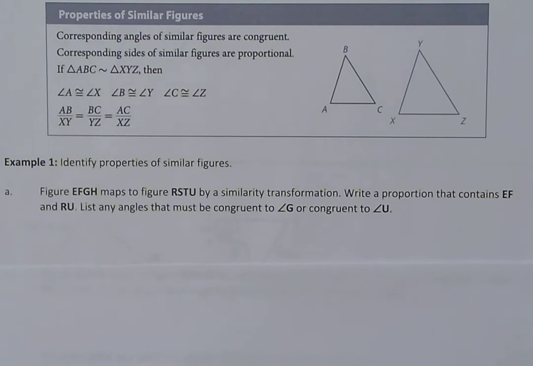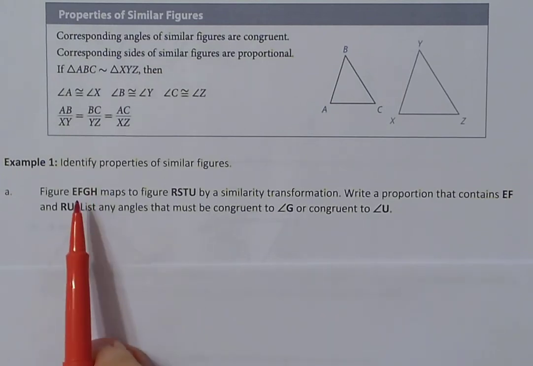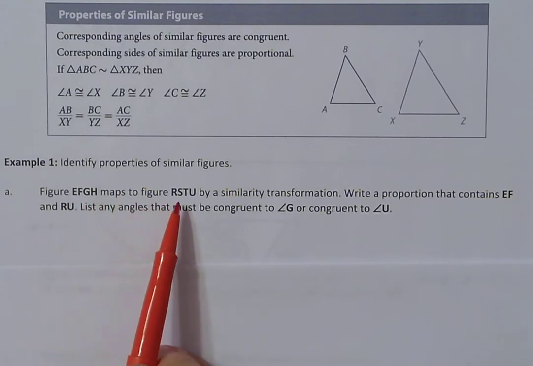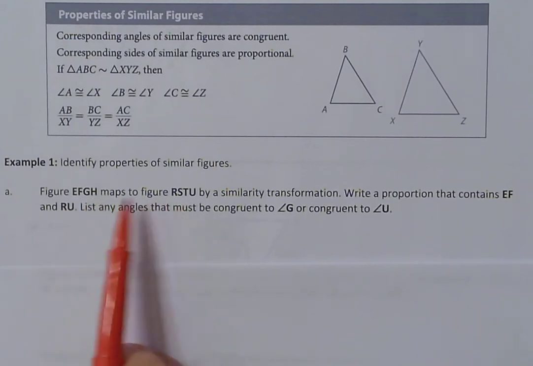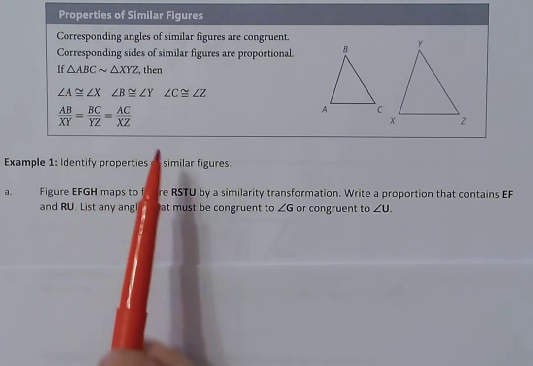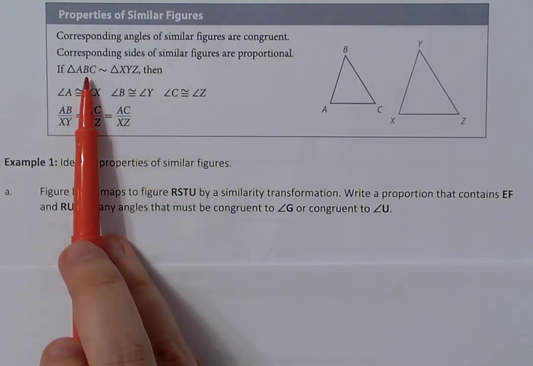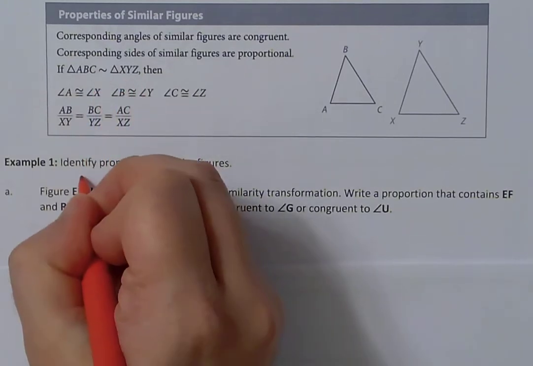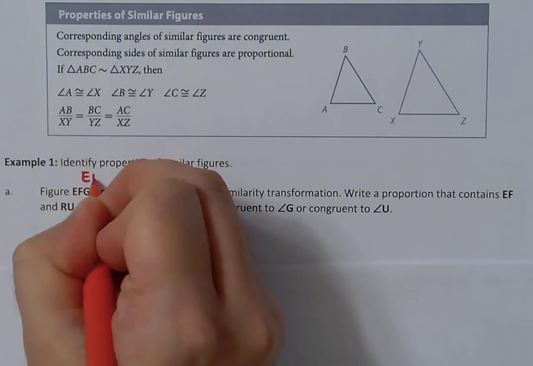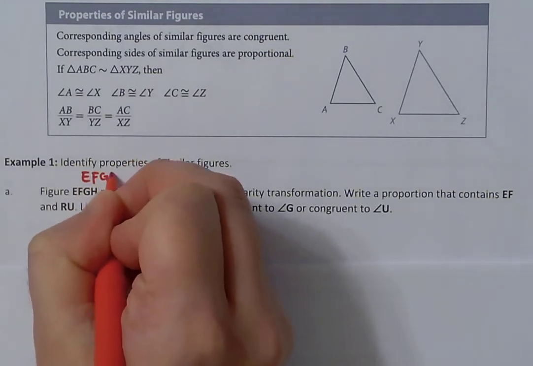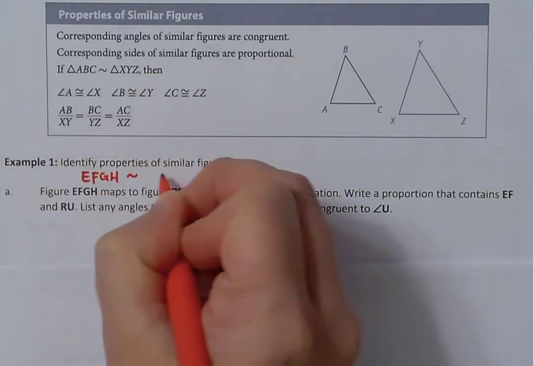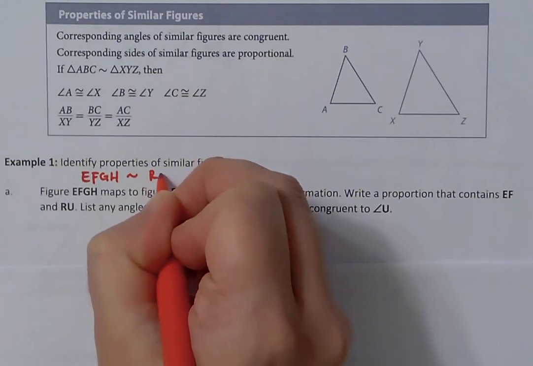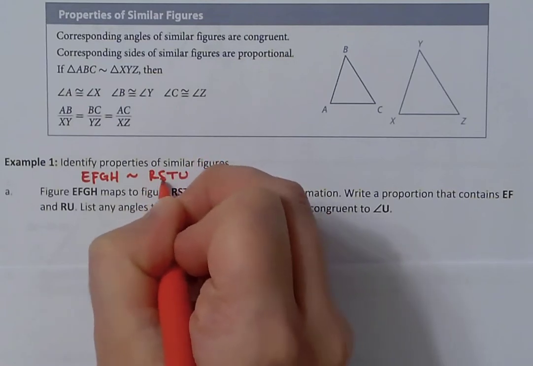So let's take this first situation. We have the fact that EFGH maps to figure RSTU. If we're saying these two figures are similar, that's like having triangle ABC is similar to XYZ. So if I were to set up a similarity statement, like a congruent statement, that's going to get us started.